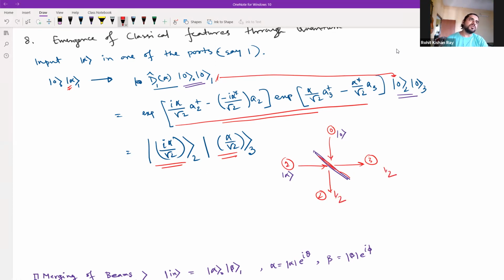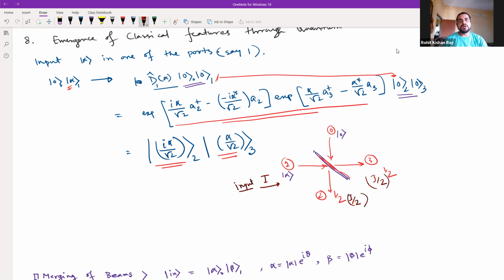And classically, this talks about an input intensity I, and this input intensity is getting divided into I by 2 and I by 2 intensity in the two output beams. So as you can see, you can reproduce the classical results from the quantum beam splitter also.